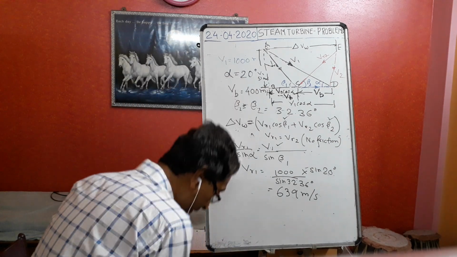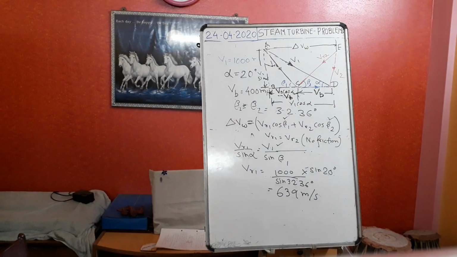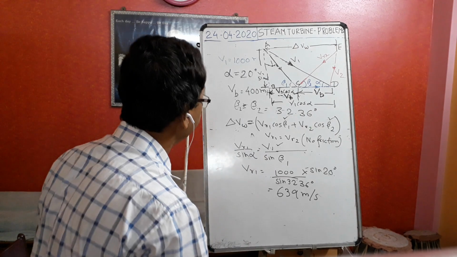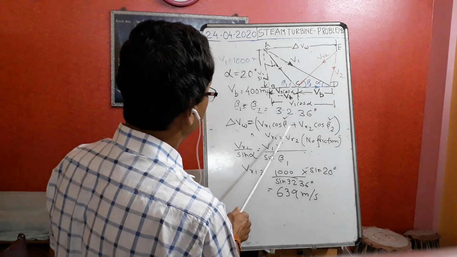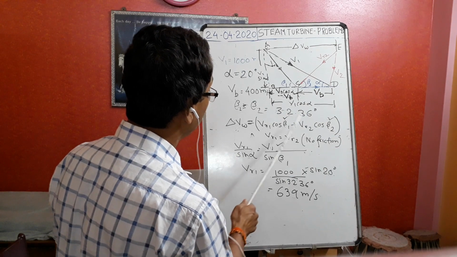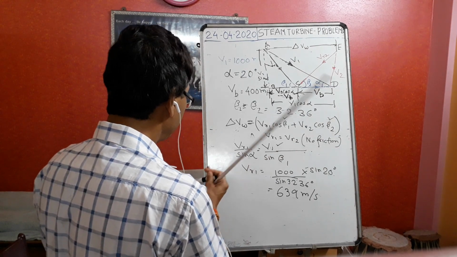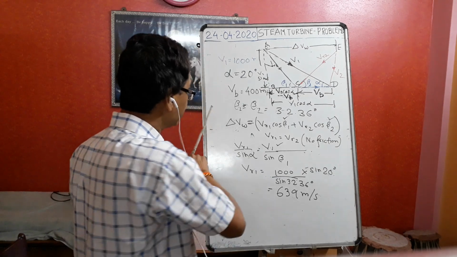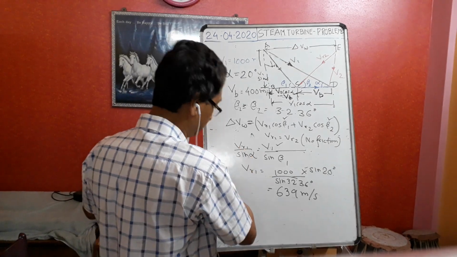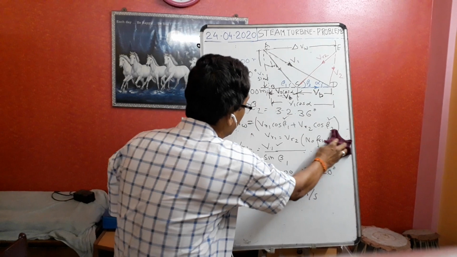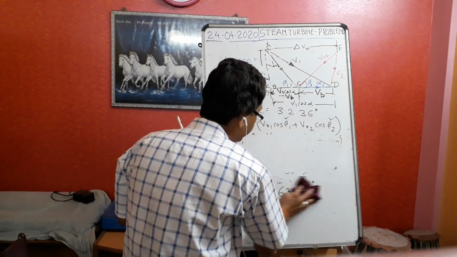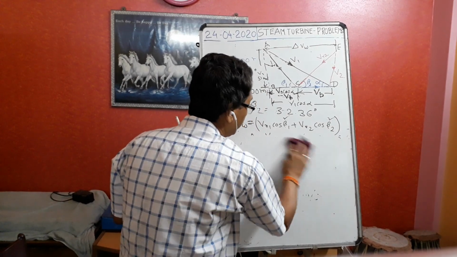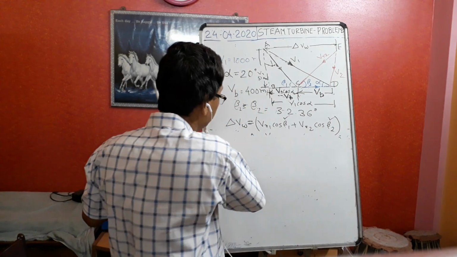Now if Vr1 is known, then what will happen? Beta 1 is known, and Vr1 is known, and Vr2 is the same, then we can find del Vw, the change in velocity. So what is the change in velocity now?